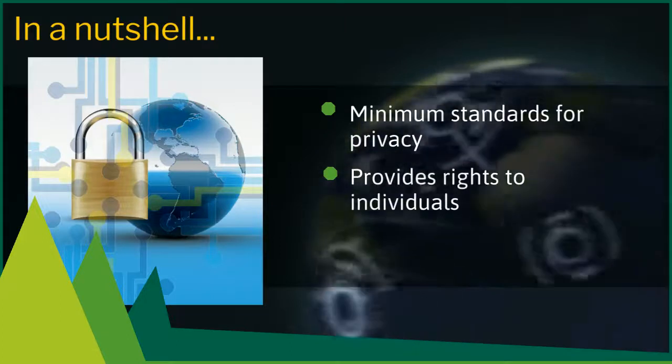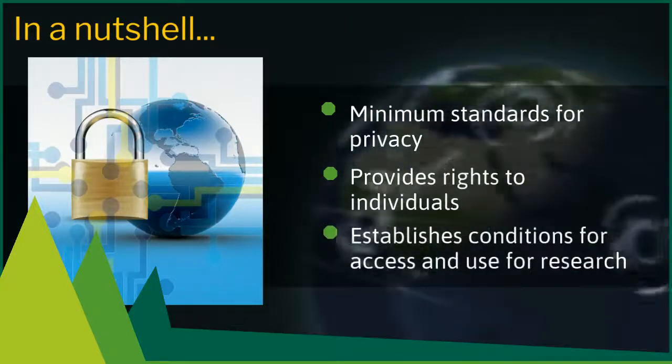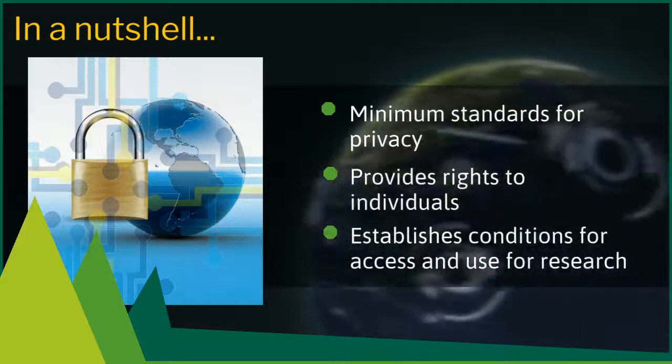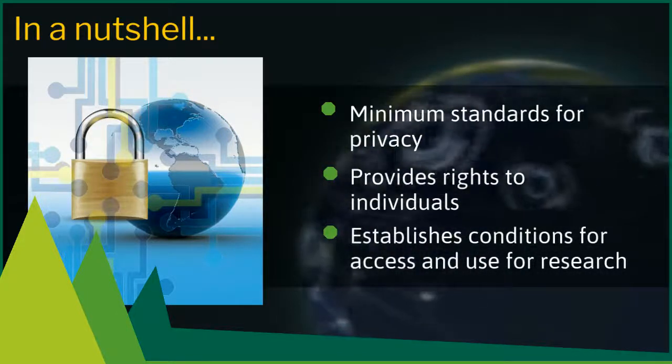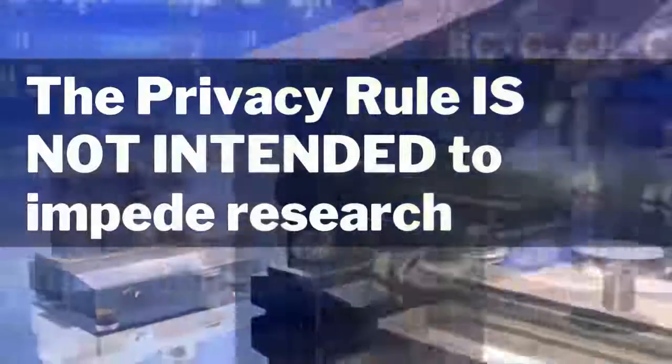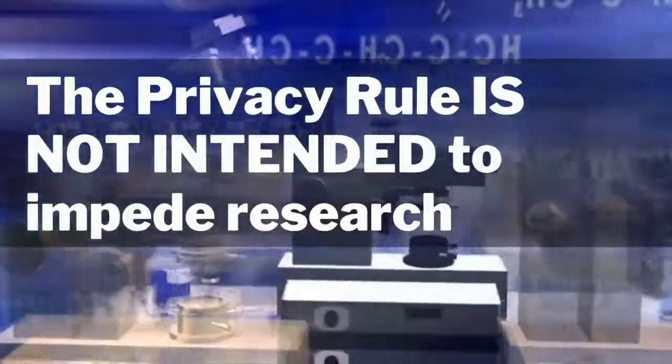And it establishes conditions under which covered entities can provide researchers access to and use of PHI when necessary to conduct research. Even though it may sound overly restrictive, the privacy rule is not, and never was, intended to impede research. Access is allowed as long as certain conditions are met.